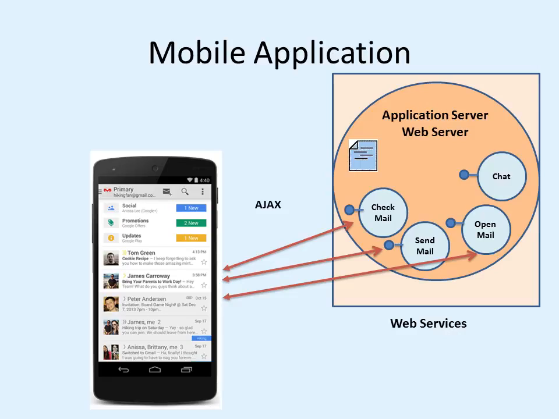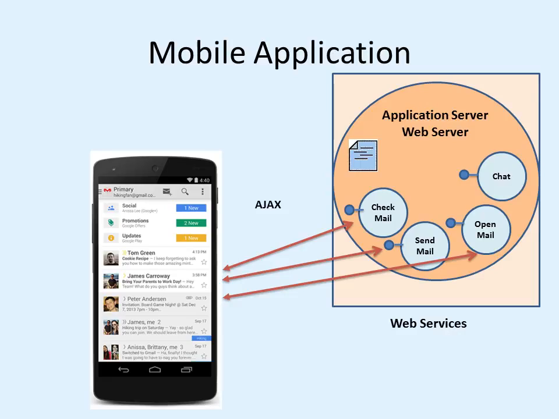If you see the Gmail app, this is just a user interface developed for, for example, an Android mobile phone. It is developed using Android's language, just a user interface. When you click on an email, it will call the check mail function and bring the mail contents and show them here.